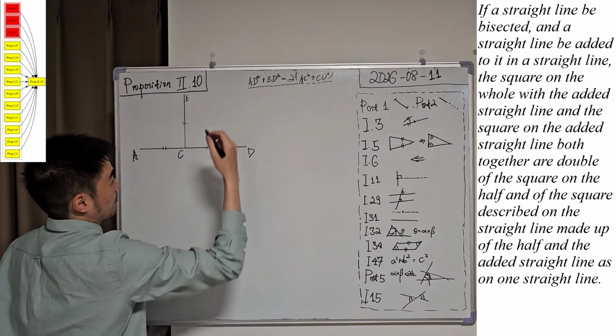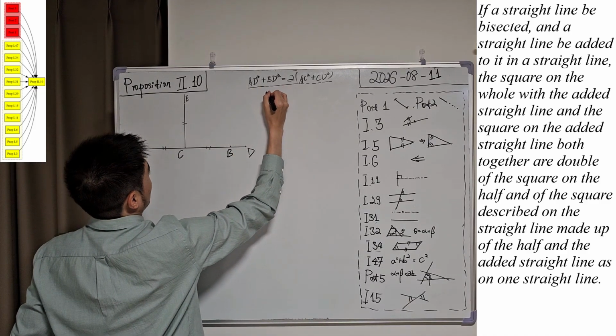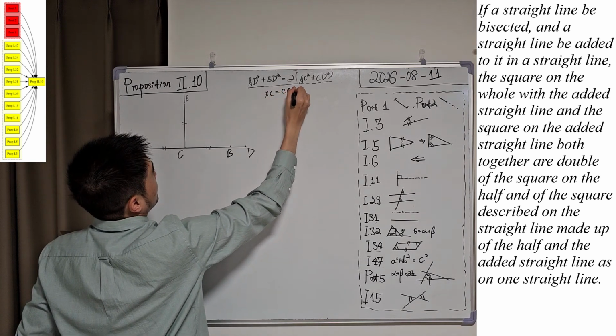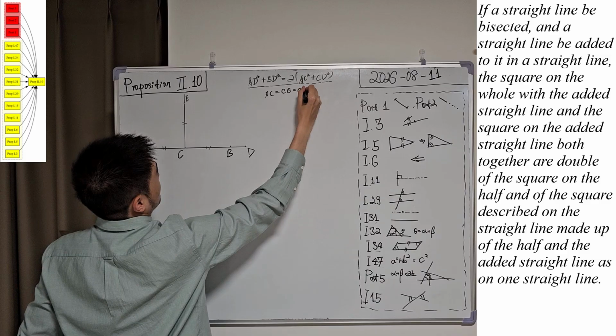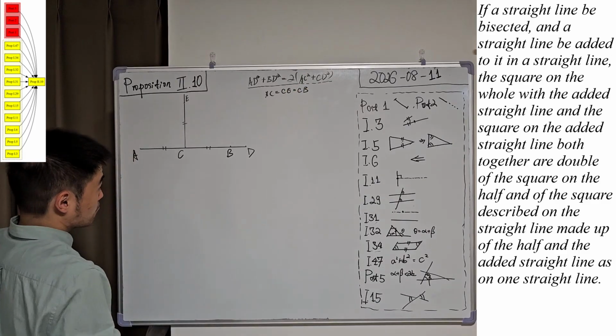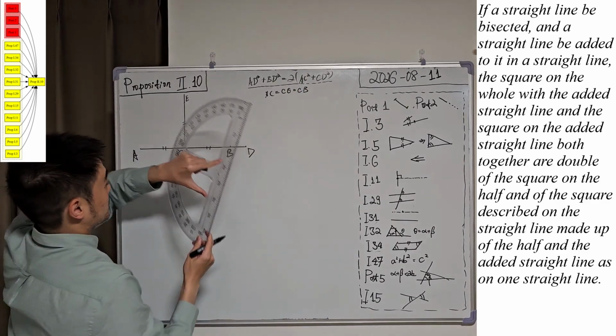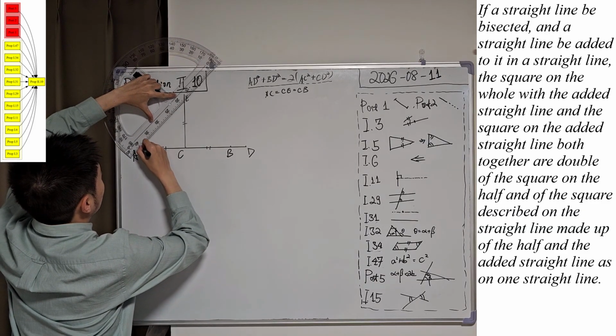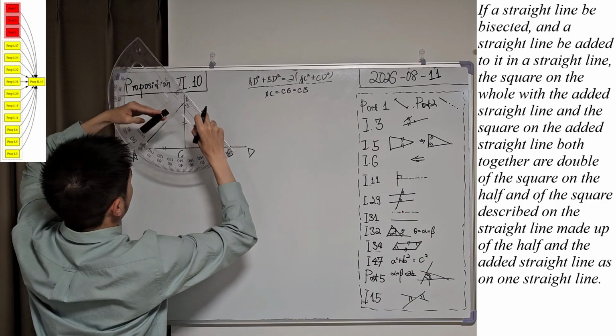So if we apply common notion 1, we can conclude that AC equals CE equals CB, correct? And then let's use postulate 1 to join AE and BE respectively.